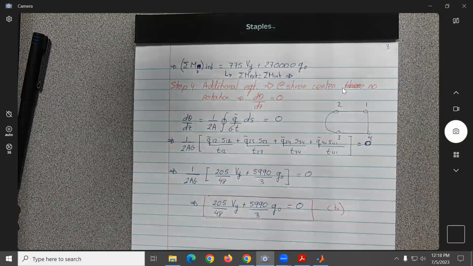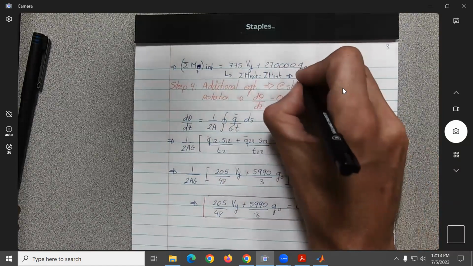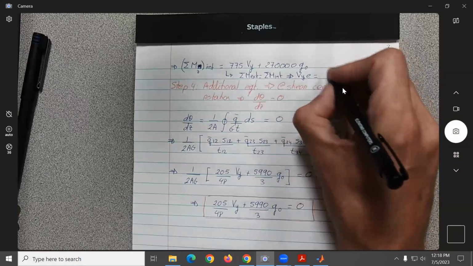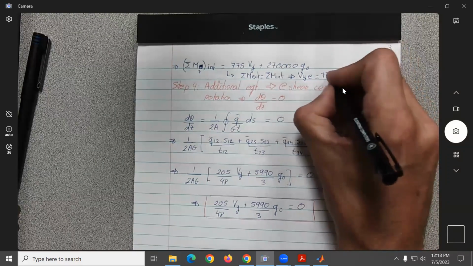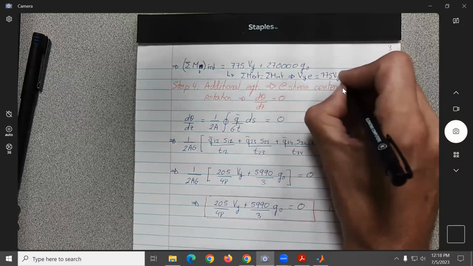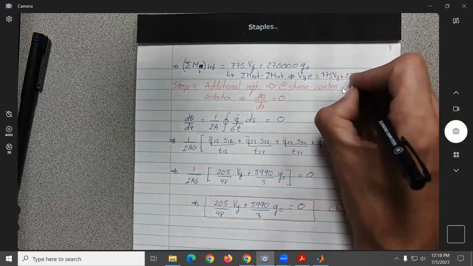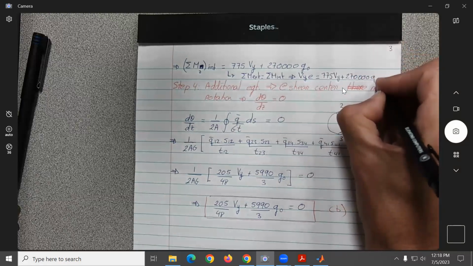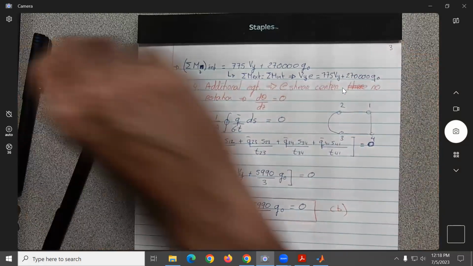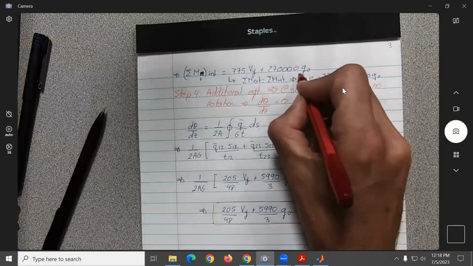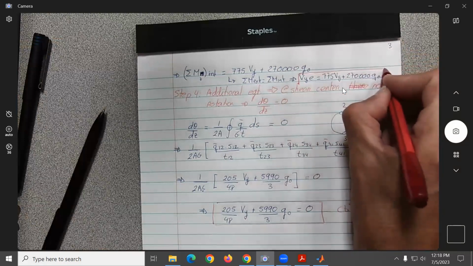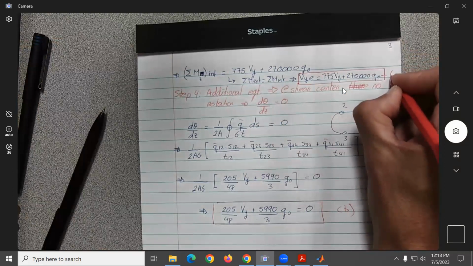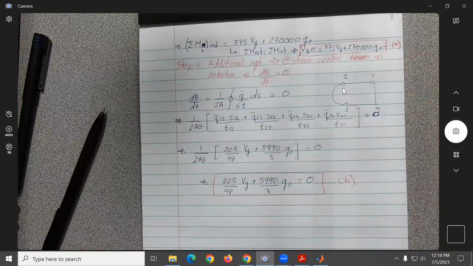What did we have for the external? Vy times e equal to 775 dy plus 270,000 q sub naught. And let's call that equation here A.